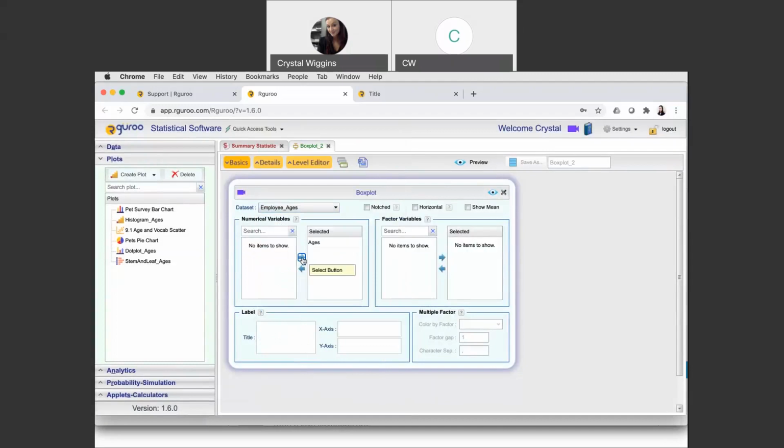So I'm selecting ages. I move it over to selected. The title of the box plot will be employee ages. Remember, if you forget to title, you can always go back by clicking basics after you've created your graph. The x-axis is going to be years, and there really isn't much for the y-axis for a box plot. We are only labeling the numbers on the number line. Let's show, no, we don't need to show the mean on it, and our eyeball.